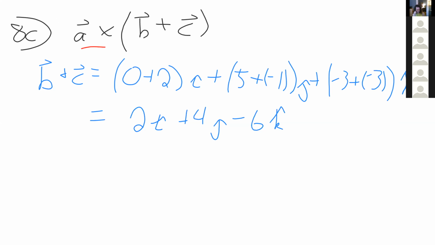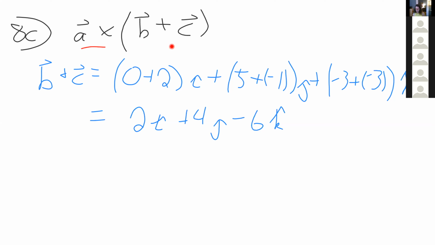All right. So when I'm setting up my matrix, I do i, j, k for the first row. The second row will be the first vector, and it's important that you do this in the right order. So since A comes first in this expression, that needs to be the second row. B plus C comes second, so that needs to be the third row. Make sure that you keep these in order.